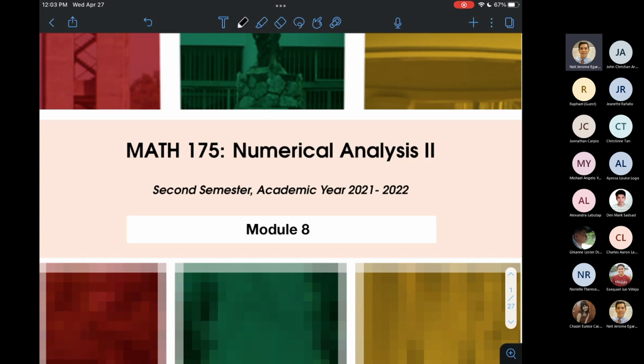So parang katulad to nung ginawa natin sa root finding, kasi sa root finding wala tayong direct way. So kailangan mag-rely talaga tayo sa mga iterative schemes wherein we are getting a sequence of approximates for the roots of our function. Yung diniscuss natin sa module 7 ay direct methods. They are quite deterministic.